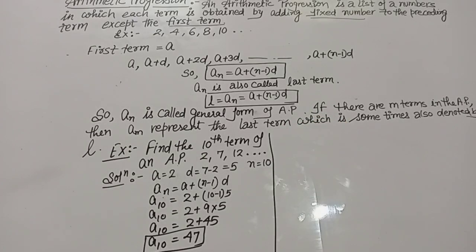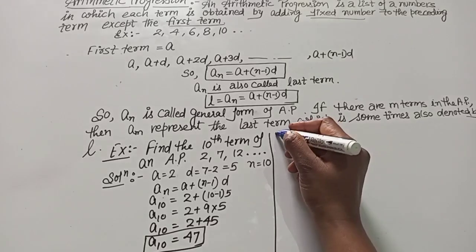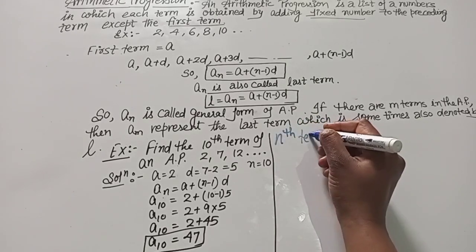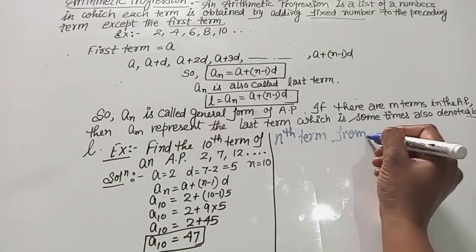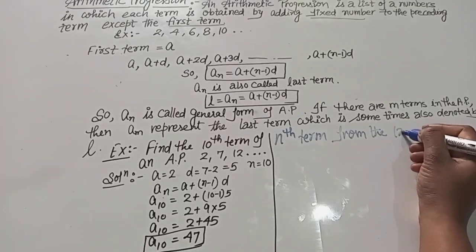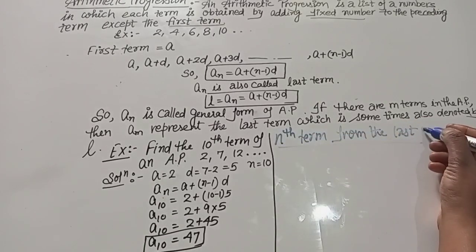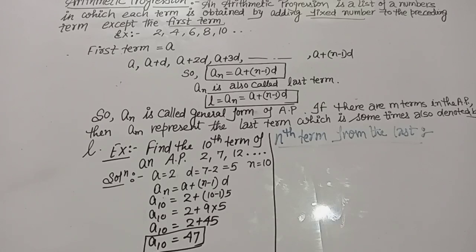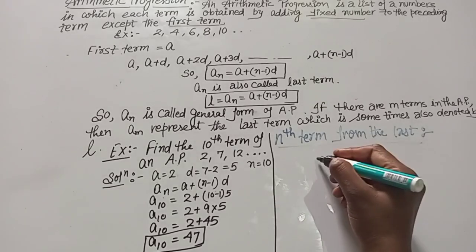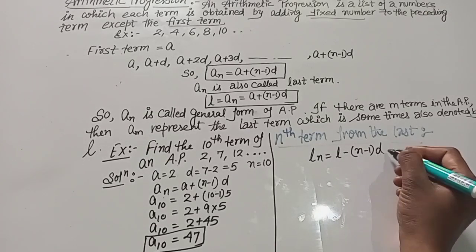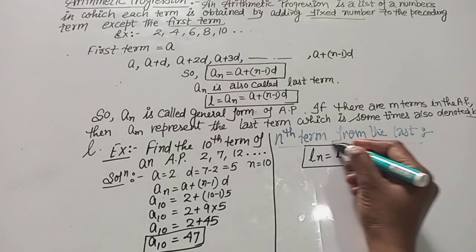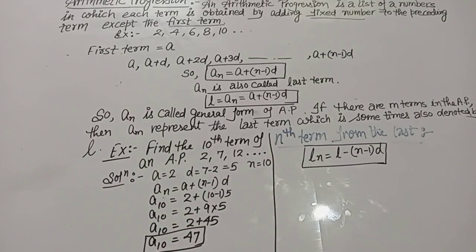Now, nth term from the last. The nth term from the last: ln is equal to L minus (n minus 1) into d.